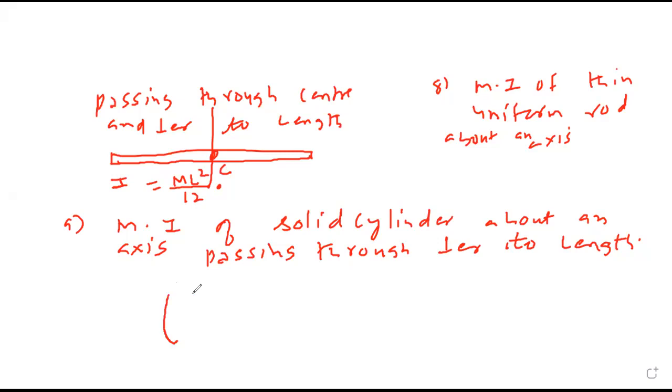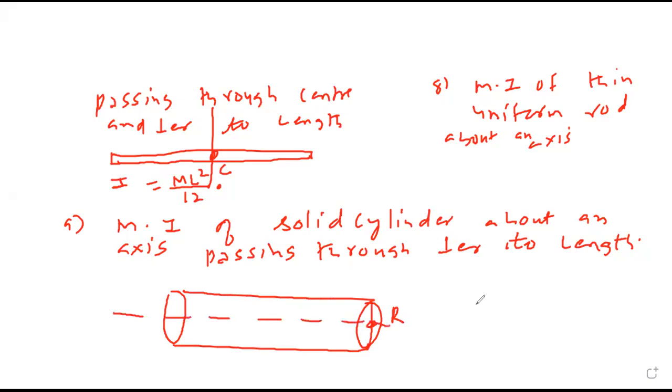So this is a cylinder having radius r, length L. Moment of inertia about the center, passing through the center and perpendicular to the length.